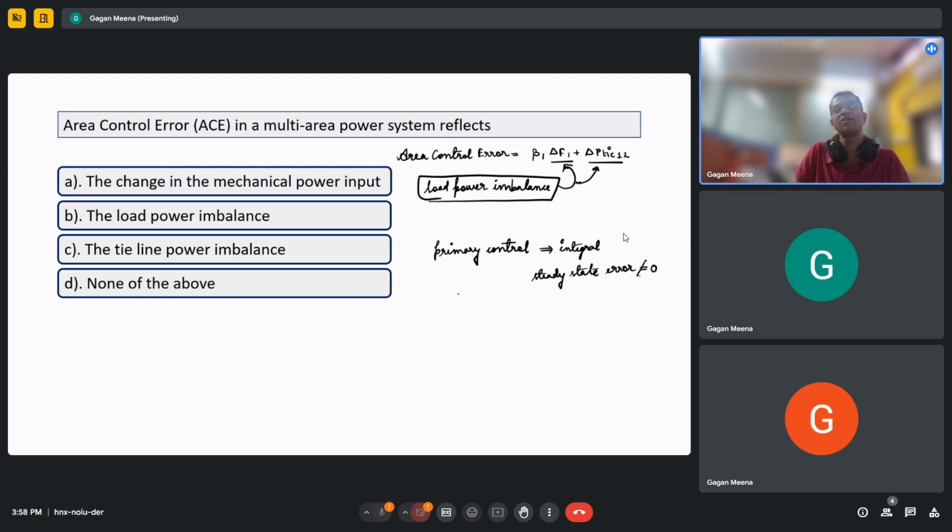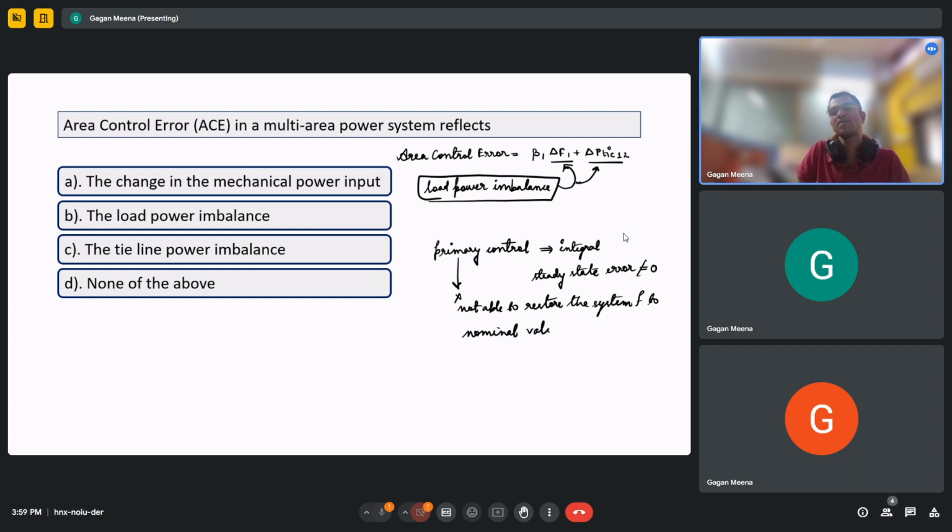That means the primary control is not able to restore the system frequency to the nominal value.